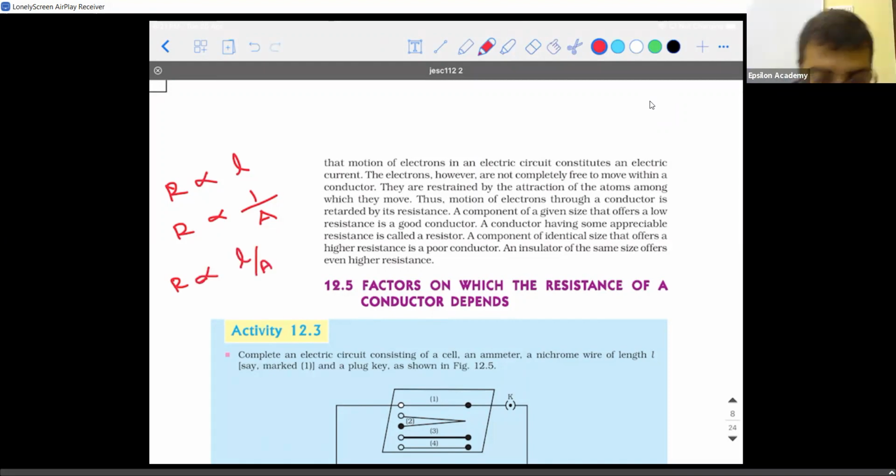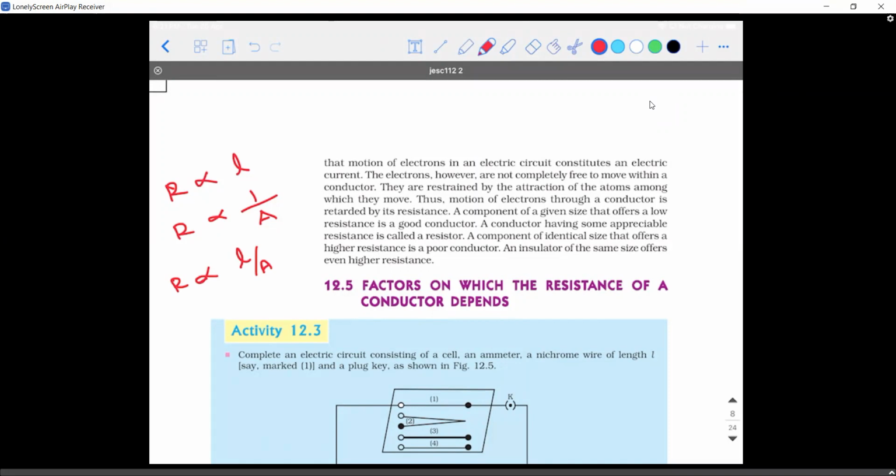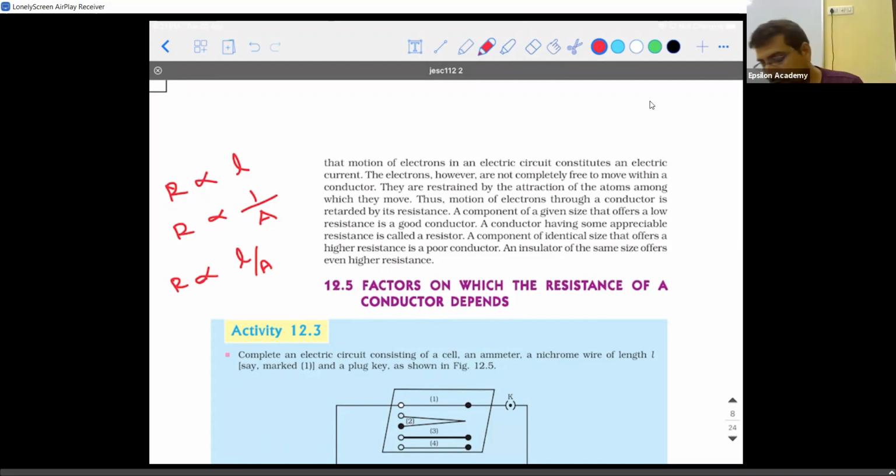It is the length of the conductor. A stands for area. What area? Area of cross section. It is not the lateral surface area or the curved surface area. It is the area of cross section. That is an important point.